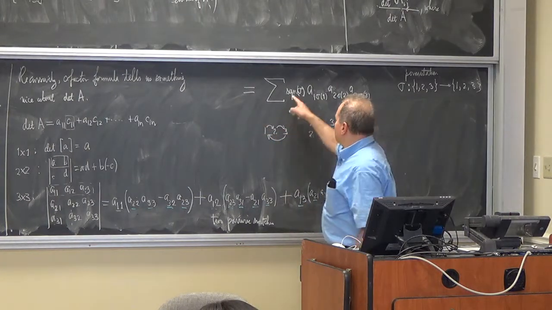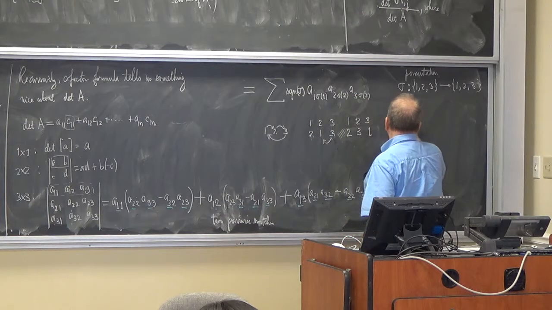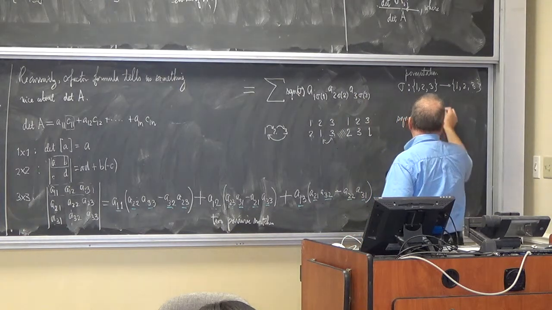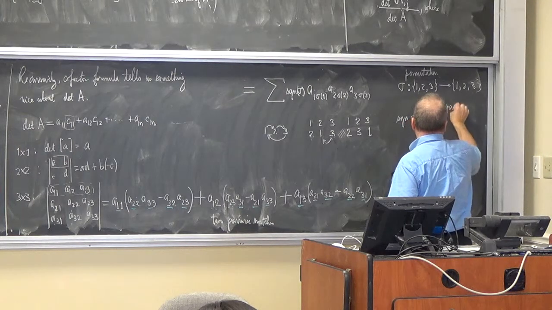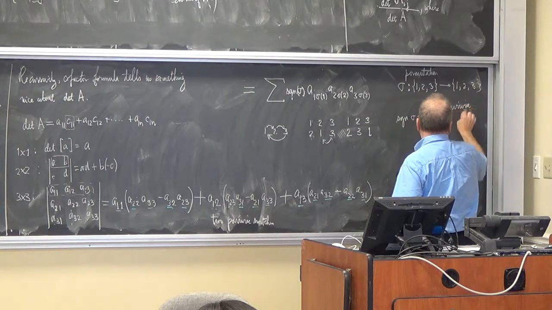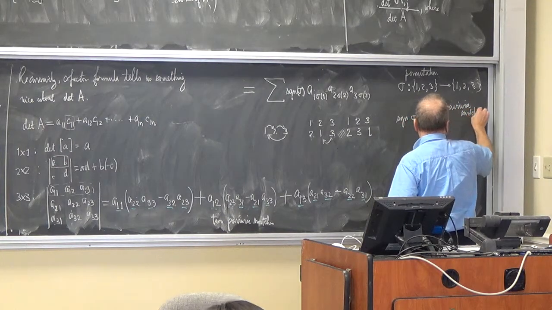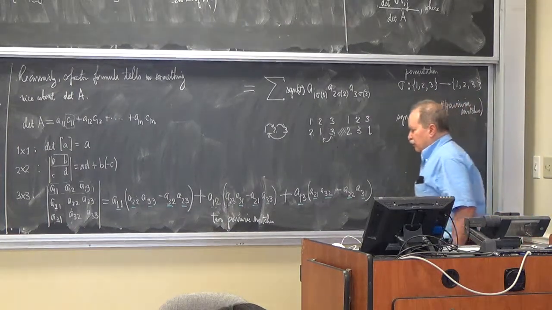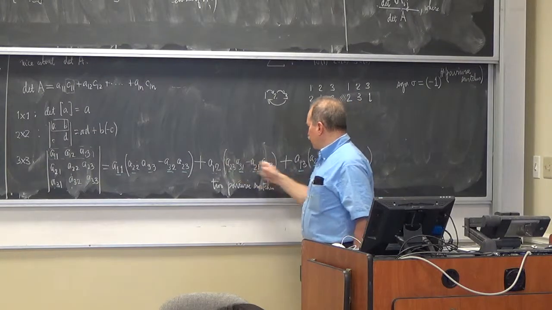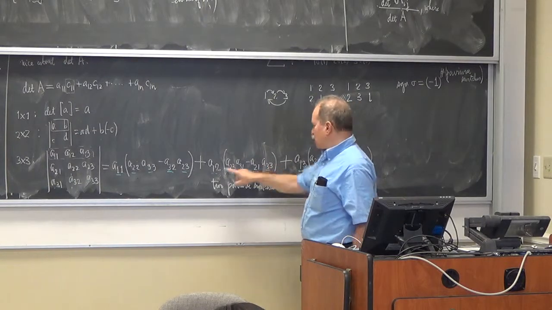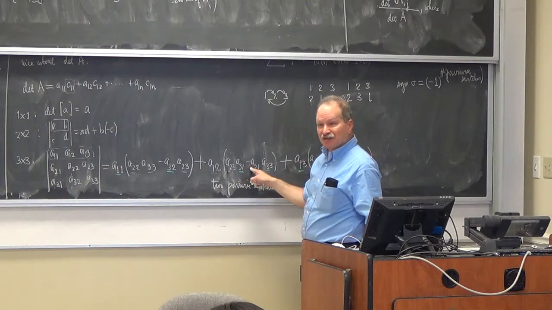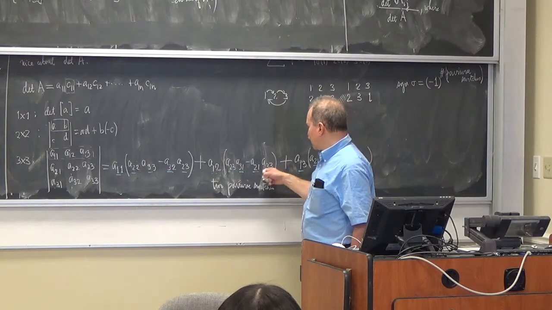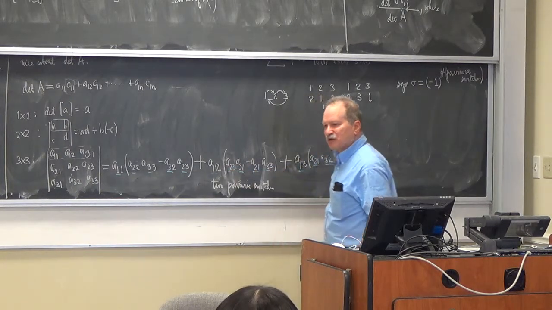So the sign of sigma is equal to -1 to the number of pairwise switches. How about this one? Well, 3 stayed the same. I switched 1 and 2, so we got a minus sign. That's 1 pairwise switch.